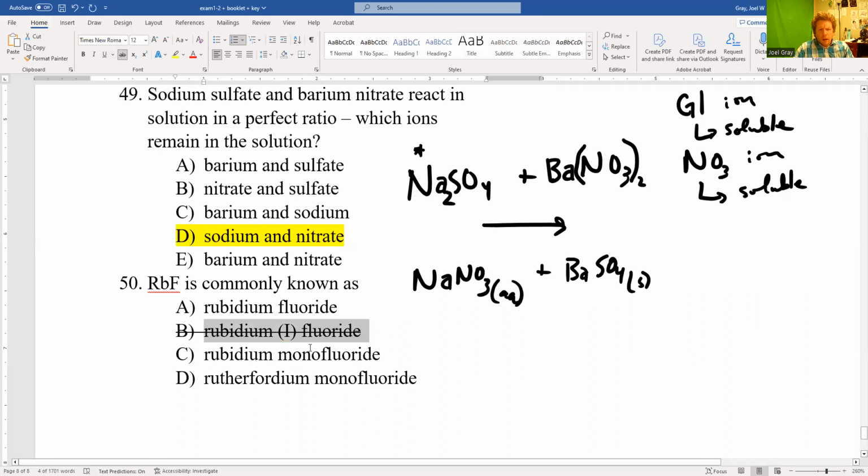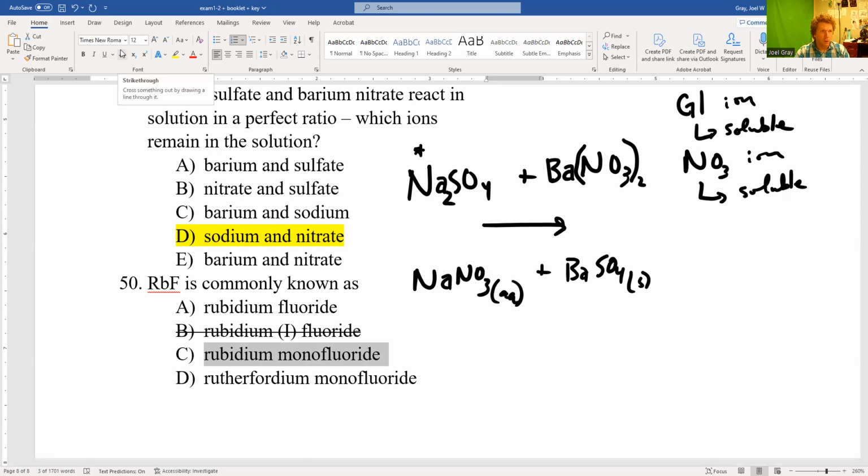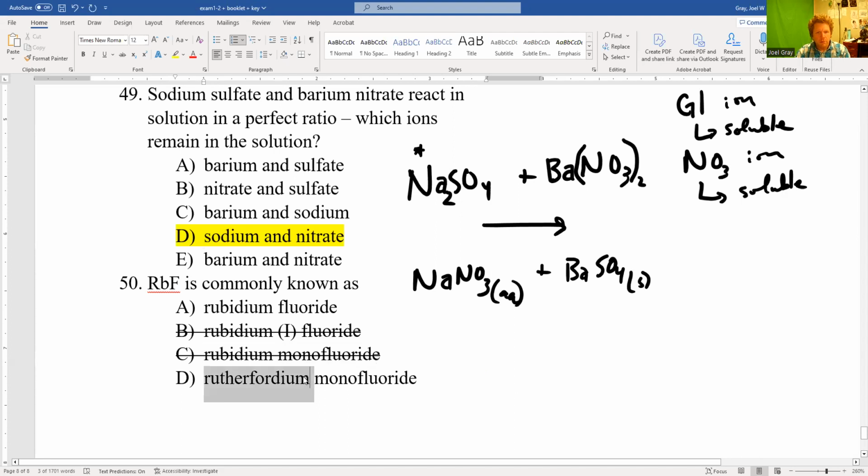Okay. Answer option C, rubidium monofluoride. Well, there is only one fluoride, but those prefixes, mono, di, tri, we only use those when we're talking about covalent or molecular compounds. Rutherfordium monofluoride.